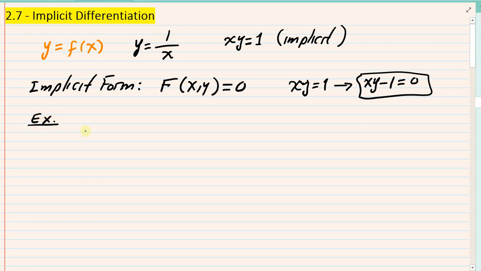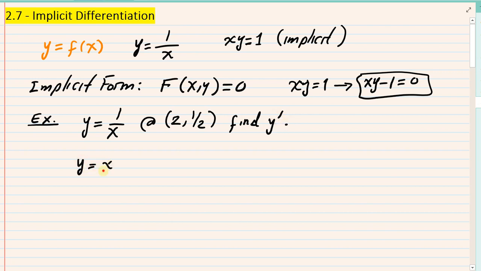Let's proceed with finding the derivative of 1 over x, and let's say we want to evaluate it at x equals 2, where y is a half. We want to find y prime at that point.